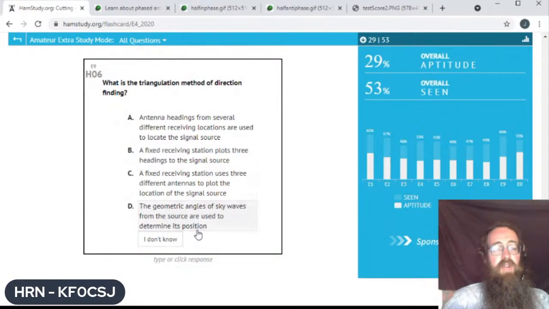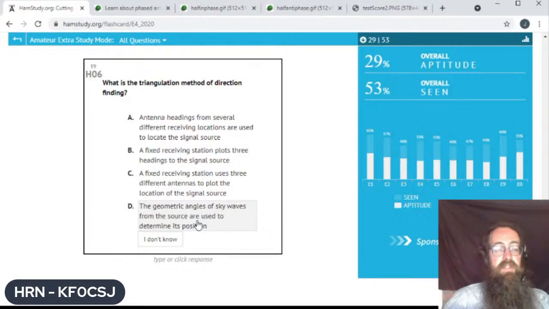What is the triangulation method of direction finding? A. Antennas heading from several different receiver locations are used to locate the signal source. B. Fixed receiving stations plot three headings to the signal source.